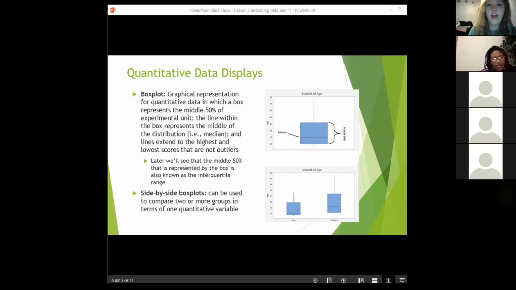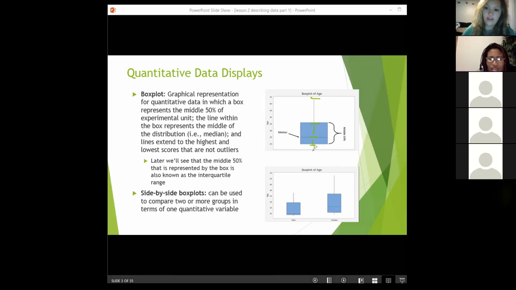Let me see if I can annotate. These are also really good for breaking the data into quarters. Each part of this is a quarter, so it breaks it up into 4.